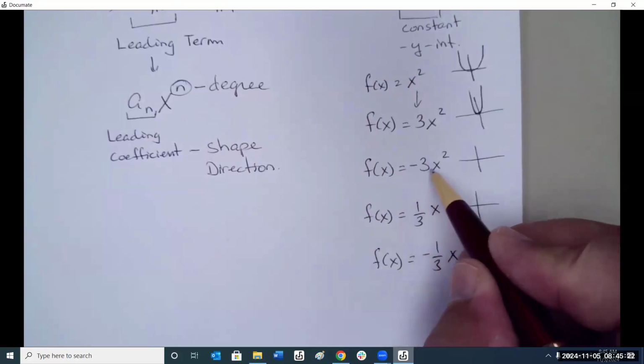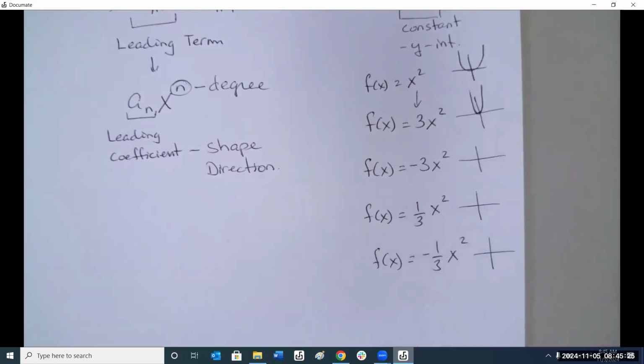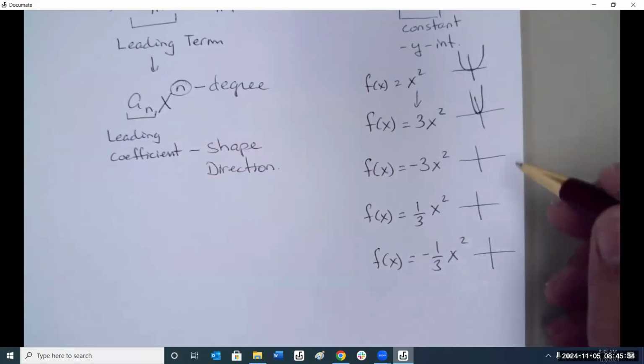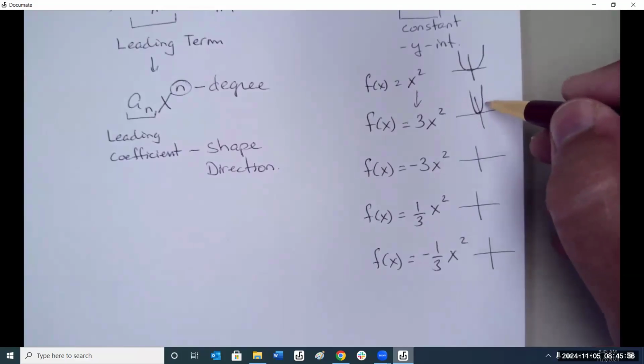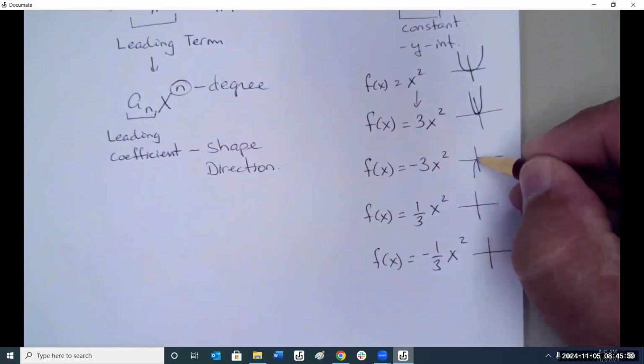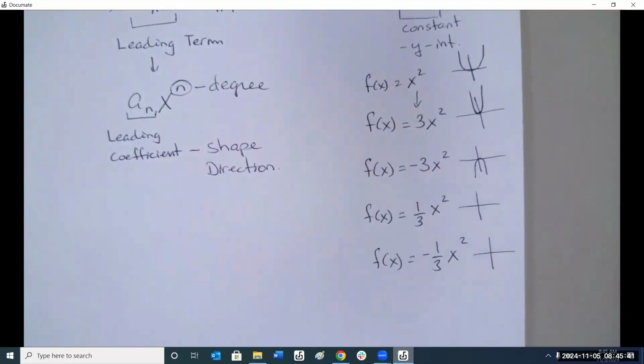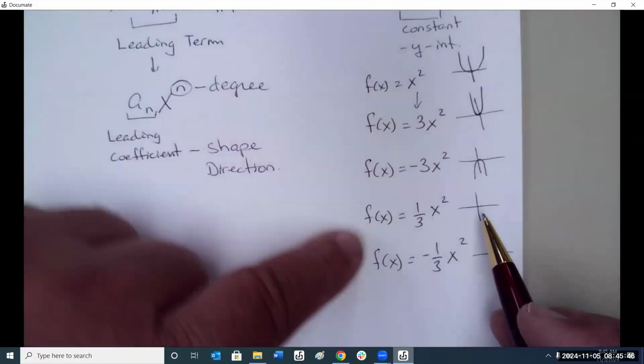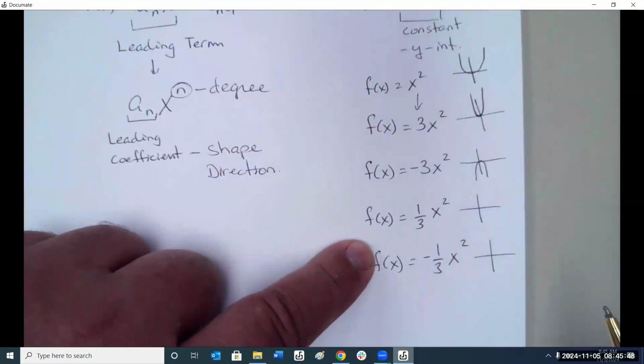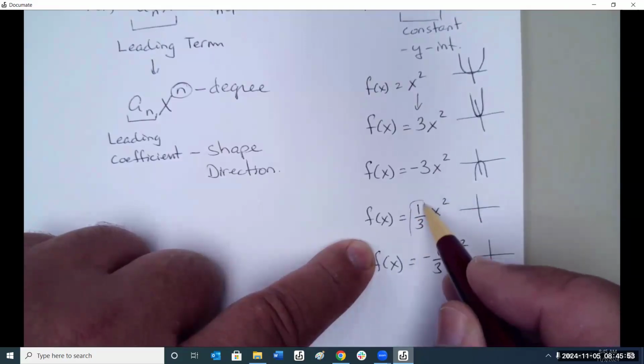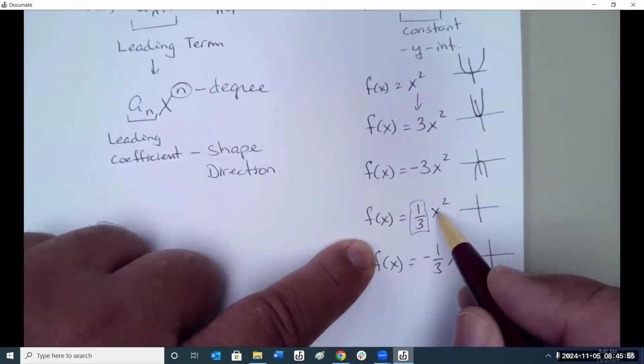What about this one? Negative 3x squared. What's that one going to look like? Flip upside down. It's going to look the same as the second one we just did, but it's going to be upside down now, because it's negative. The 1/3 x squared. Remember, this is outside the function, so it's vertical.